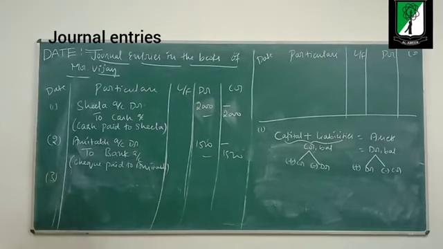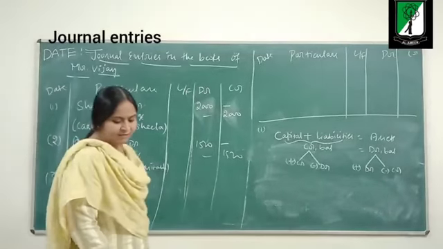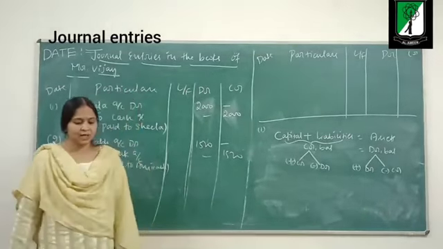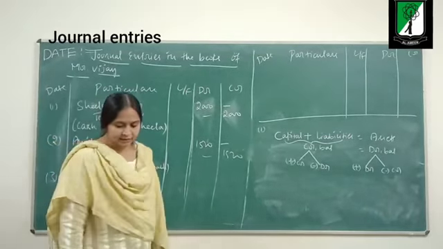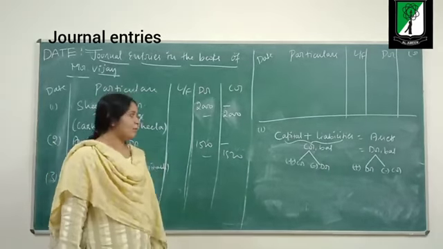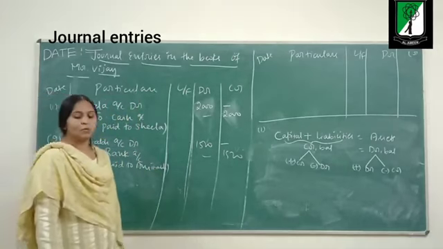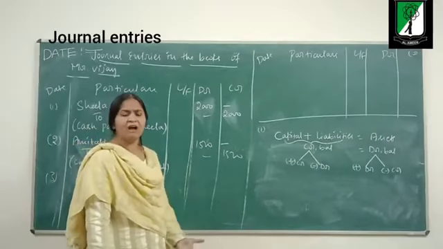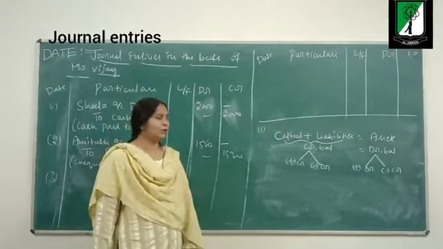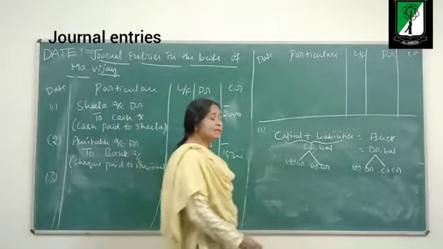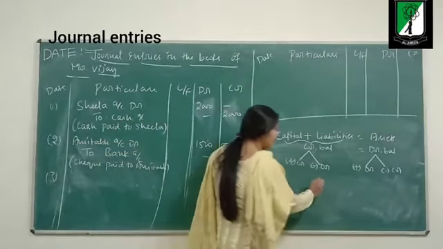Now moving on to the third transaction. What is the third transaction? Received check from Bharti rupees 1800. After receiving the check, you will deposit this check into the bank.